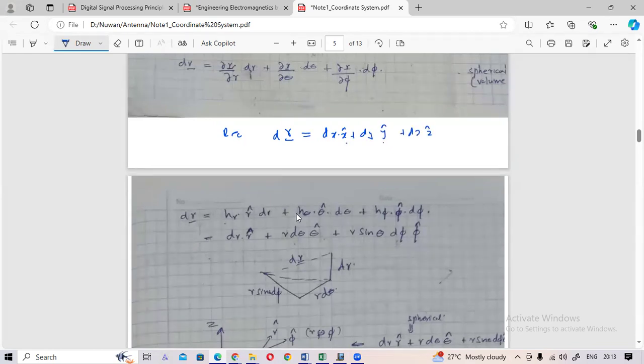Here x hat, y hat, z hat are the unit vectors like this.